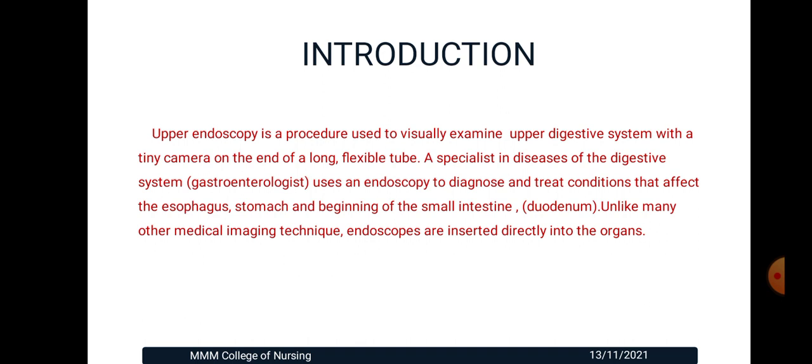A specialist in diseases of the digestive system, a gastroenterologist, uses an endoscopy to diagnose and treat conditions that affect the esophagus, stomach, and beginning of the small intestine, duodenum. Unlike many other medical imaging techniques, endoscopes are inserted directly into the organs.